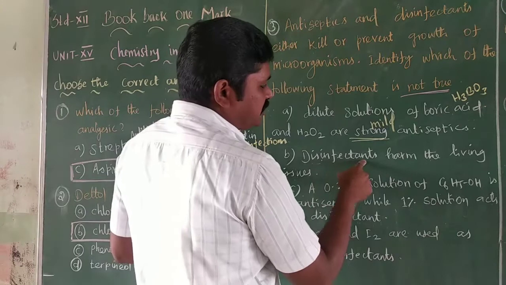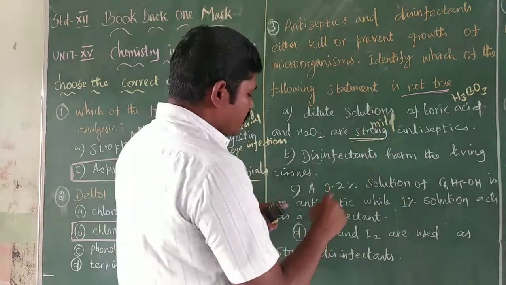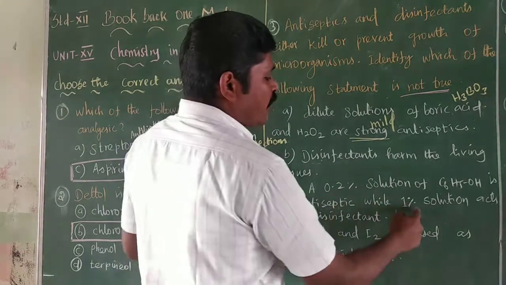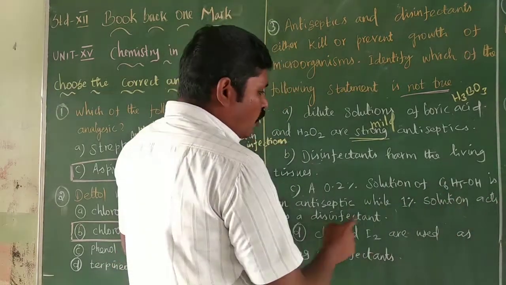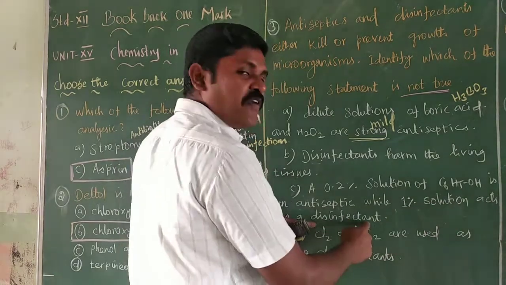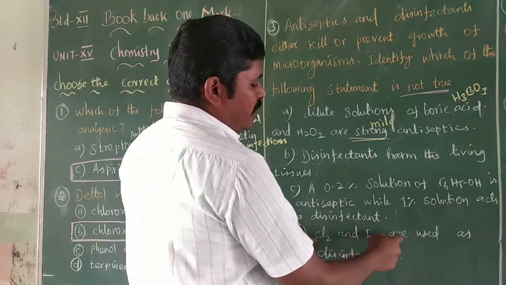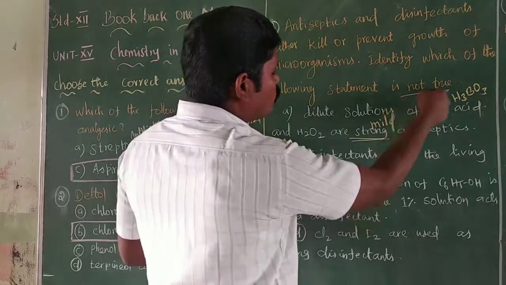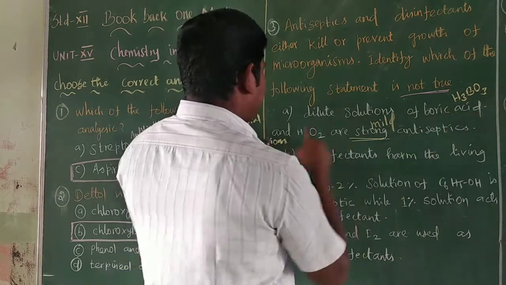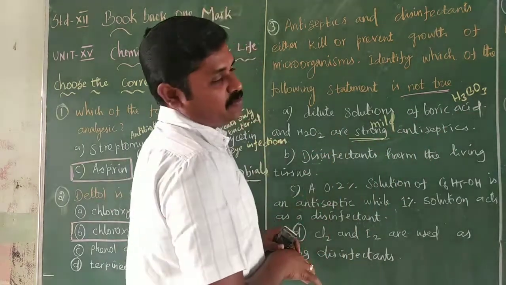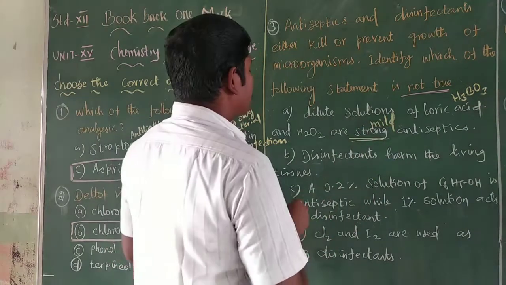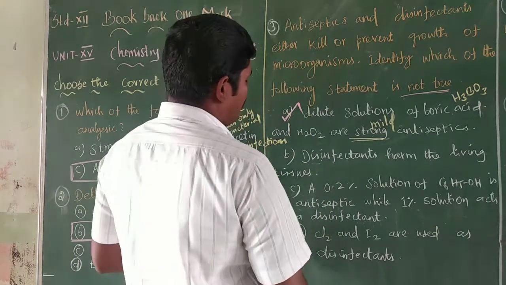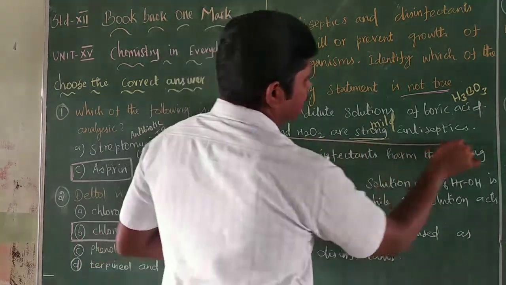So the disinfectants harm the living tissues is correct. 0.2% solution of phenol is an antiseptic, and 1% solution of phenol is a disinfectant, correct? Chlorine and iodine are used as strong disinfectants, correct? So the statement that is not true is that the dilute solution of boric acid and hydrogen peroxide are strong antiseptics; they are mild antiseptics. So option A is the correct answer.